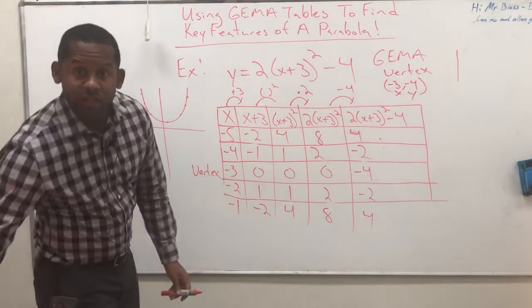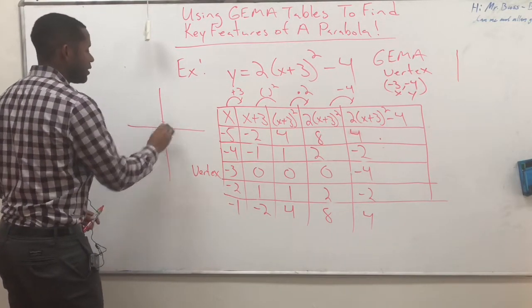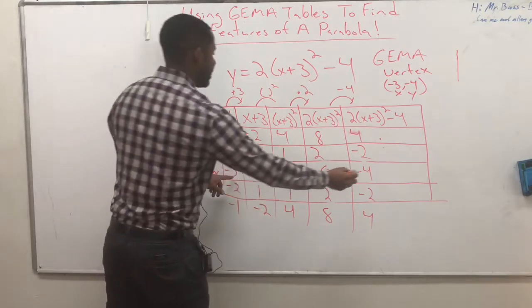So if I wanted to graph this right now, I know the vertex is at negative 3, 4.